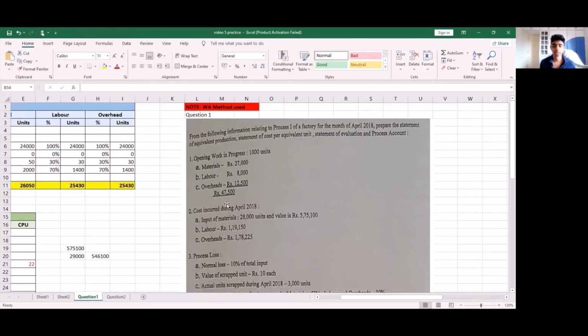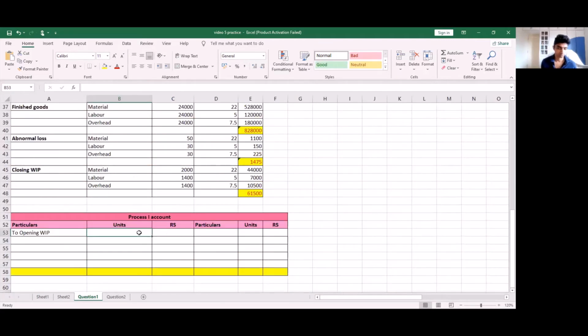Sometimes this total might not be given, and we will have to add the individual values of materials, labor, and overheads given under opening work in progress. But here we are given that opening work in progress, we have 1,000 units and a total of 47,500. So 1,000 units at an amount of 47,500. Next, we have materials.